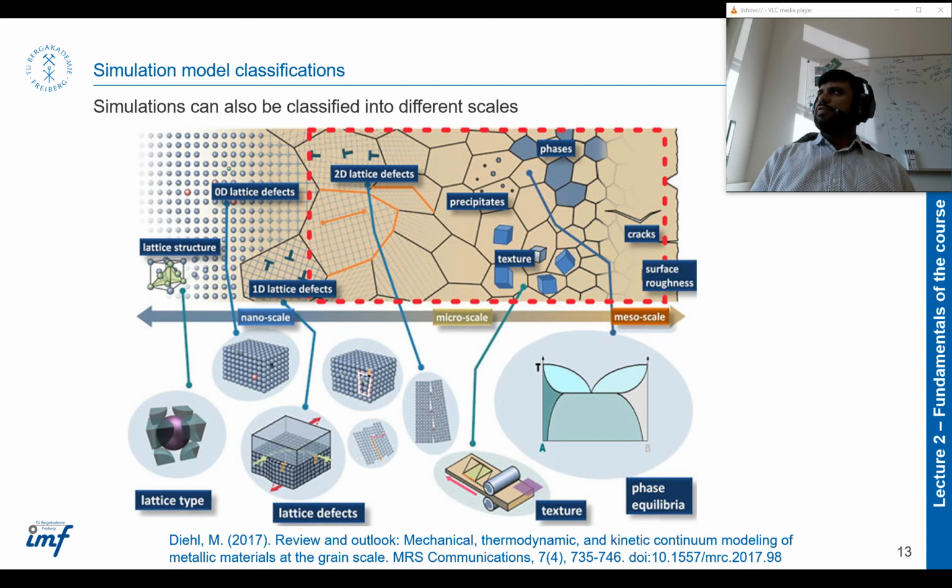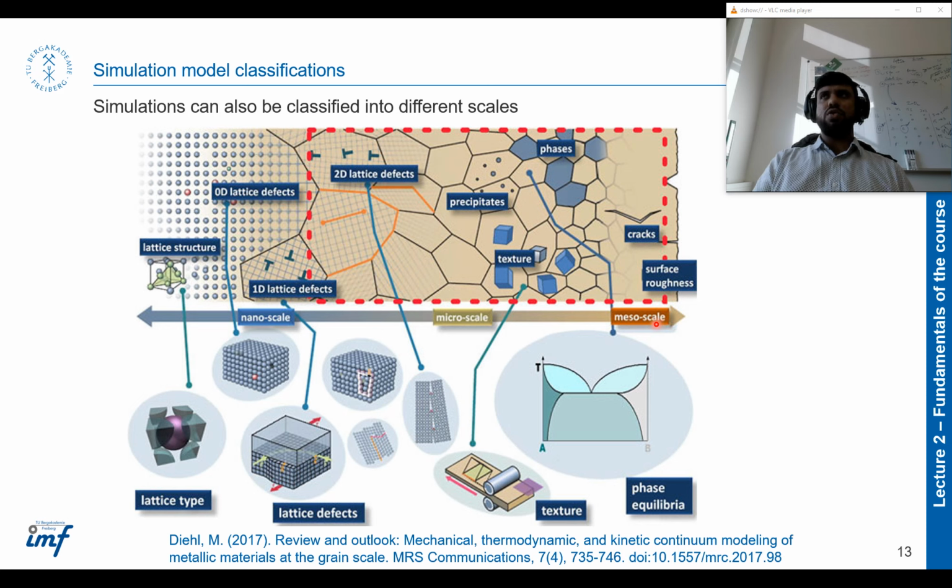Now, one of the classifications of these forming processes or material deformations is based on how we are applying the load and how the material is deforming. Another type of material deformation behavior can be classified based on different scales. Here is a very interesting figure where, when we talk about material deformations, we generally talk about this area here, which is the bulk deformation behavior of the material.